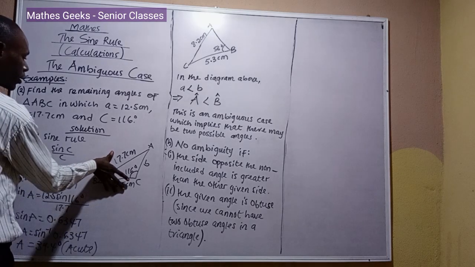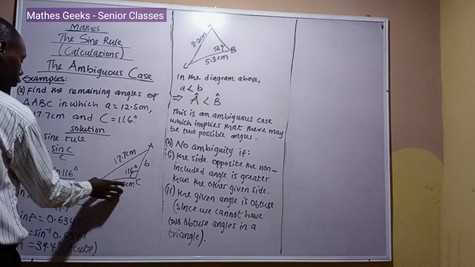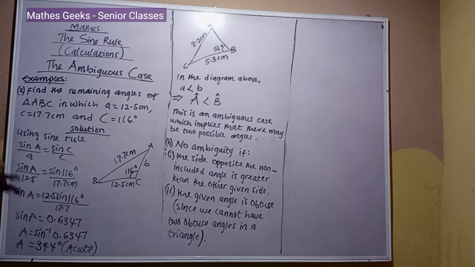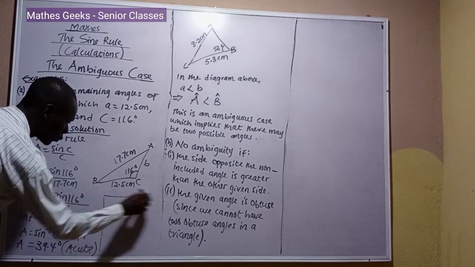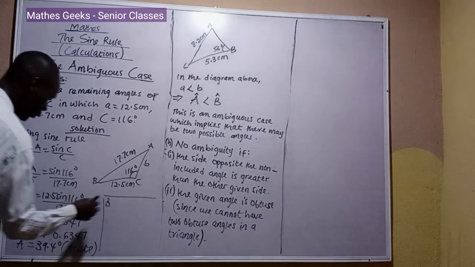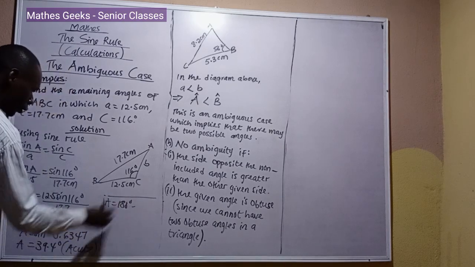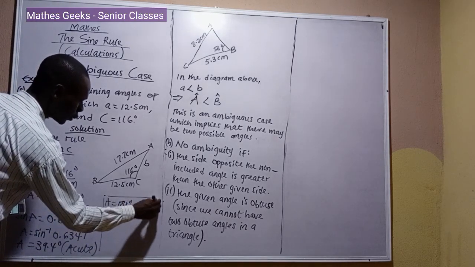So since two sides and a non-included angle are given, we have in the back of our mind that this is a case that involves ambiguity. So let's get the outer angle, which is possibly the obtuse angle. So here, A is also equal to 180 degrees minus 39.4 degrees.